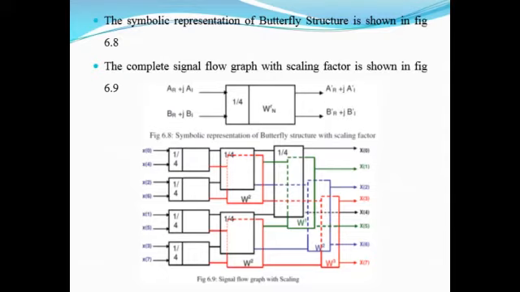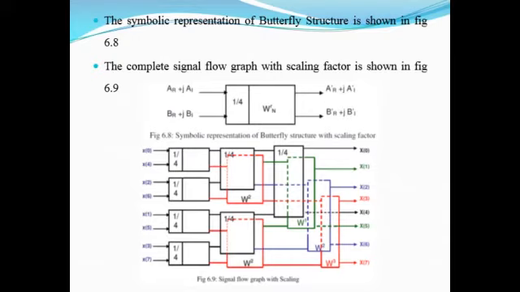AR plus JAI, BR plus JBI, these two are the inputs, producing the outputs AR dash plus JAI dash and BR dash plus JBI dash. So having a scaling factor 1 by 4 with the twiddle factor Wn power R, this is a representation of butterfly structure with a scaling factor.